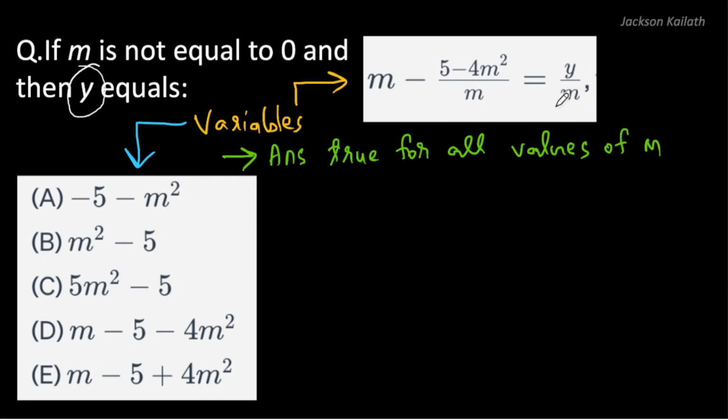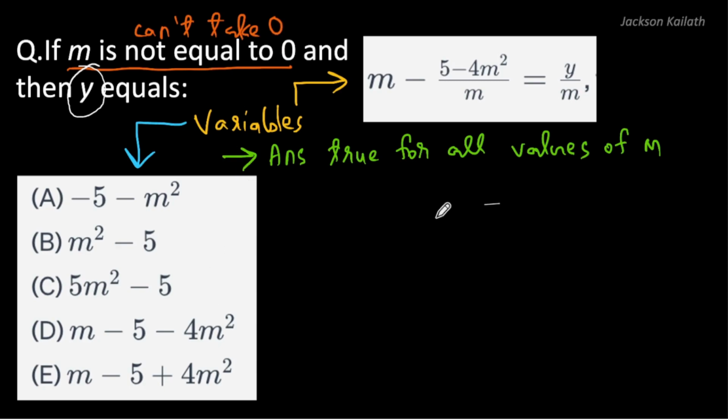For example, if y is equal to 5 minus m square, there is a relationship between y and m, and as you keep changing values for m, and the only criterion given is that m is not equal to 0, for all other values of m we should get the corresponding value of y. This holds true for all values other than 0.